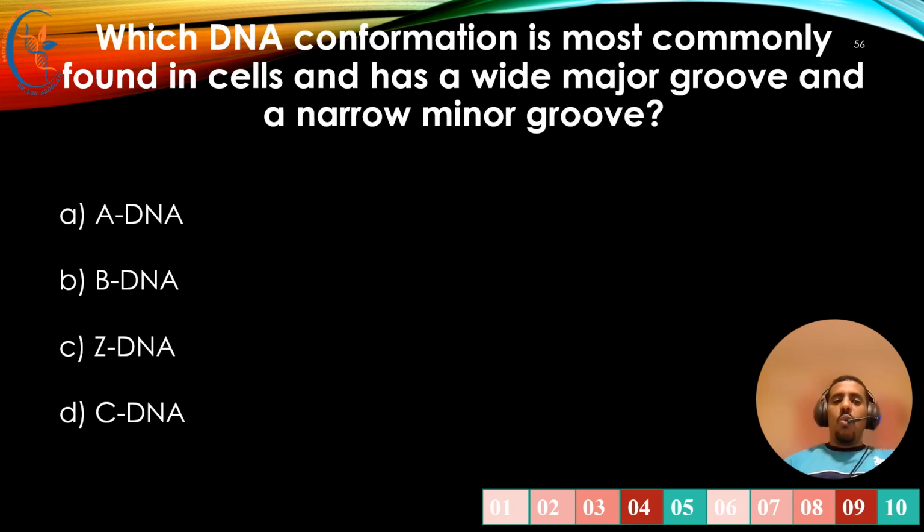Which DNA conformation is most commonly found in a cell and has a wide major groove? You have to remember: wide major groove and narrow minor groove. Okay, which one of them? A, B, Z, or C DNA? 10 seconds.